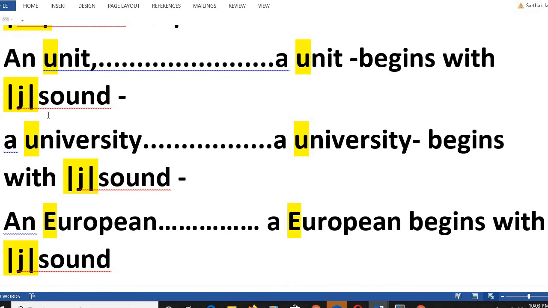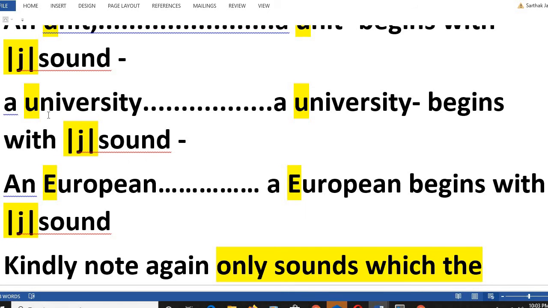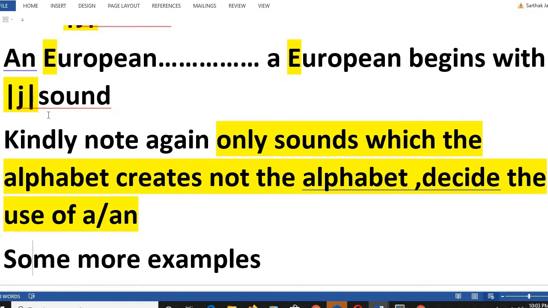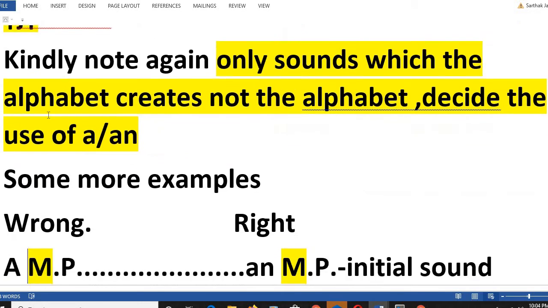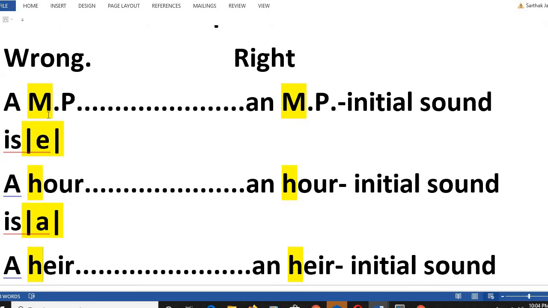The same initial sound is created. So you will always use a before these sounds. Again, I am requesting you kindly to note only the sounds which the alphabet creates, and not the alphabet, decides the use of a or an. Here are some more examples.